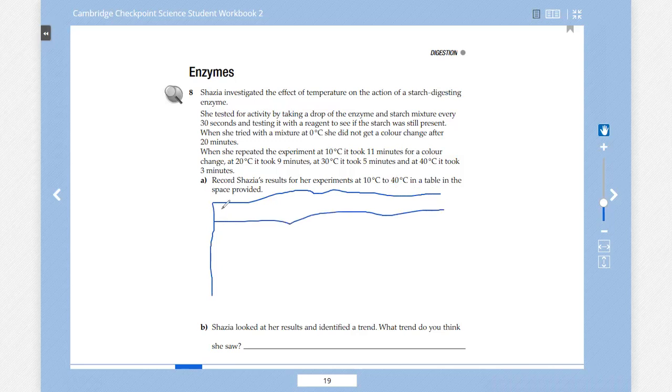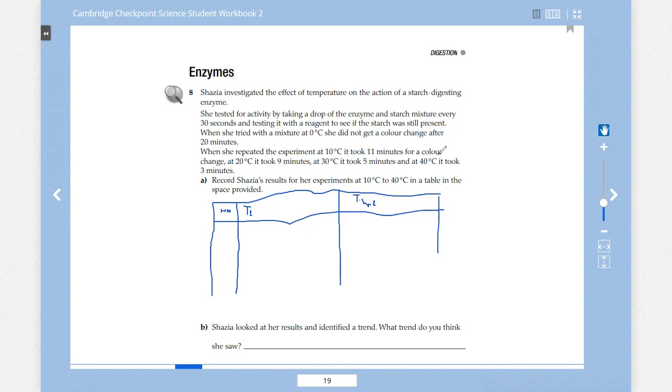You can write the temperature here, and you can write the time here. Like that, my students, if the question instructs you to make a table in the space provided, do it like this.